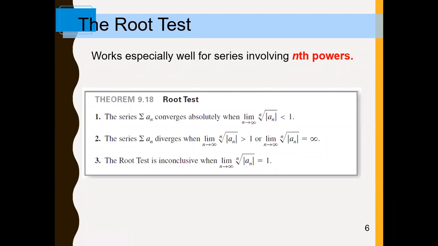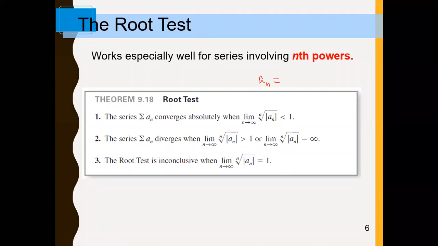So once again, if the terms were like, here, I'm going to just write these in here just so you can see them. If the terms were something like an equal to 1/2 to the n, then if I take the nth root of these things, and of course I take the absolute value of this, that's not really going to make a difference here, then the nth root of the nth power just ends up being 1/2, which of course if I let n go to infinity, just stays right at 1/2, which is less than 1.